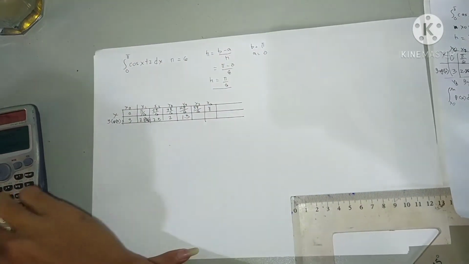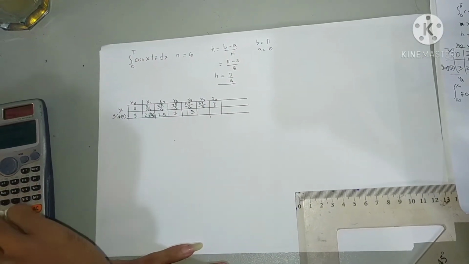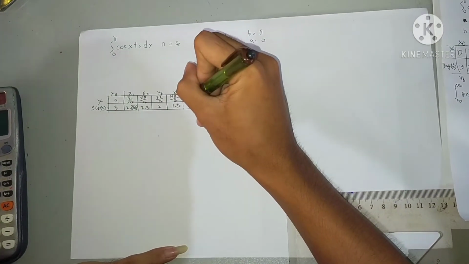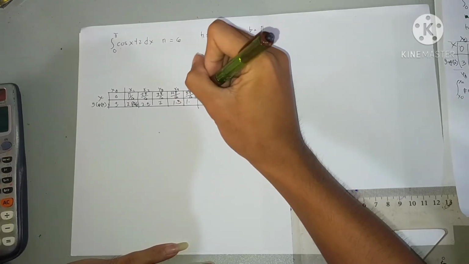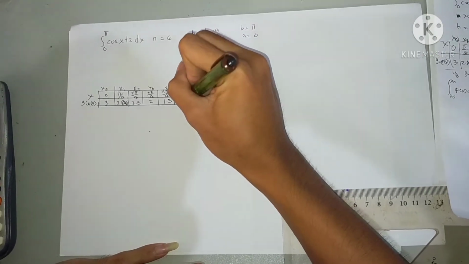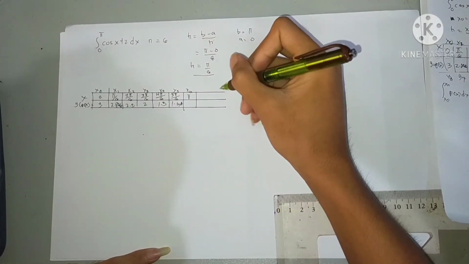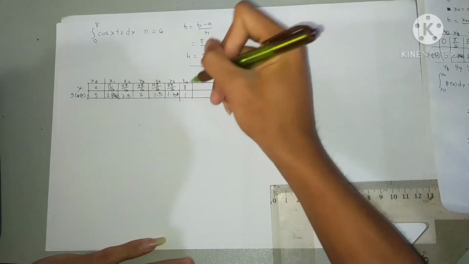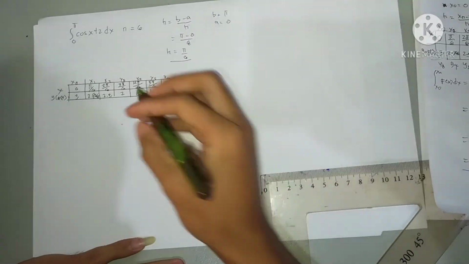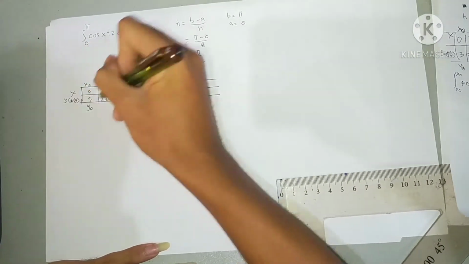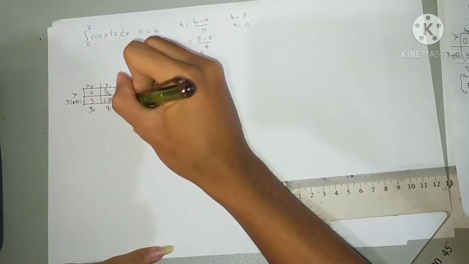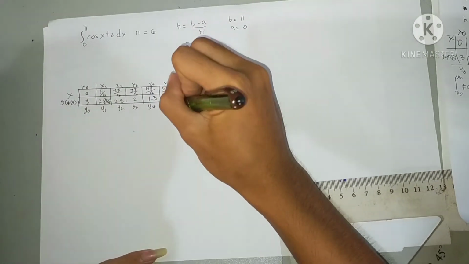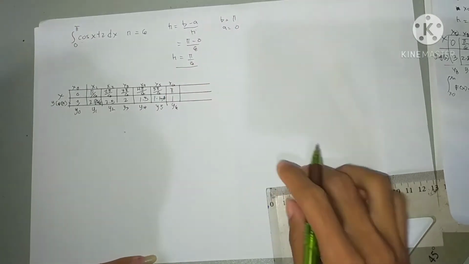Then 5 pi over 6, we have 1.134, and the last one is cosine pi plus 2, which is 1. This is y sub 0, y sub 1, y sub 2, y sub 3, 4, 5, y sub 6.